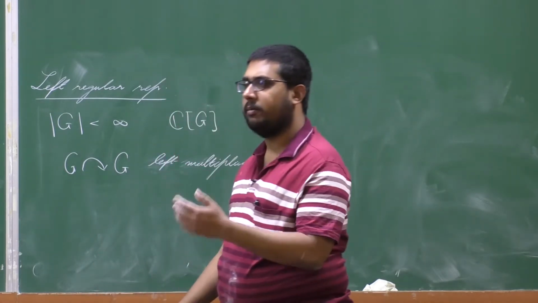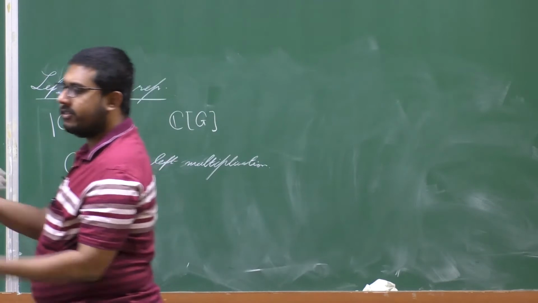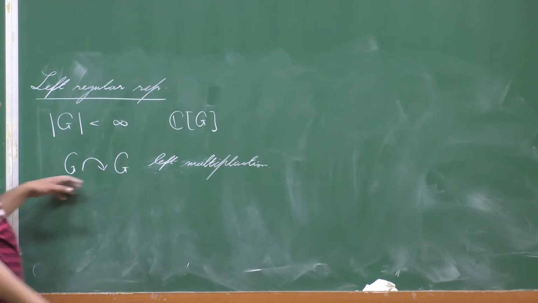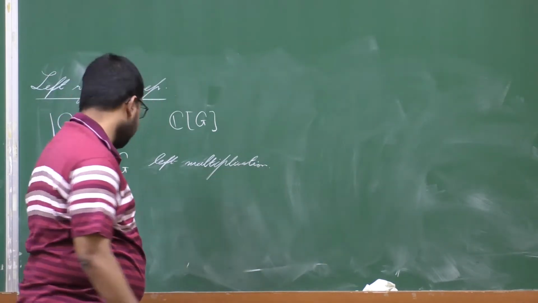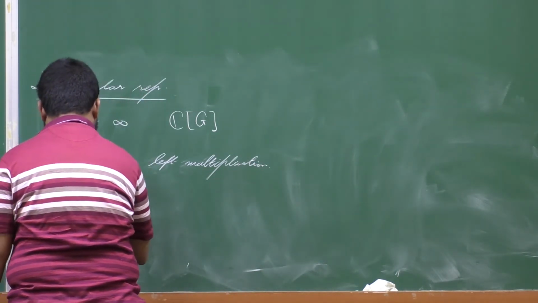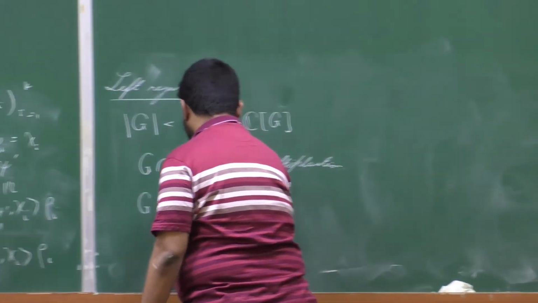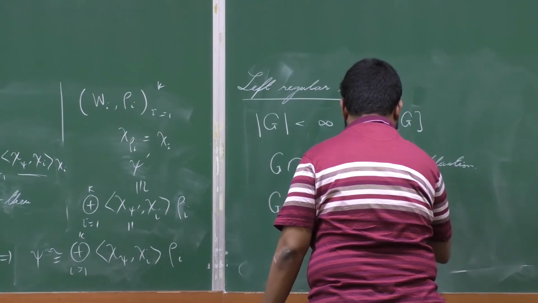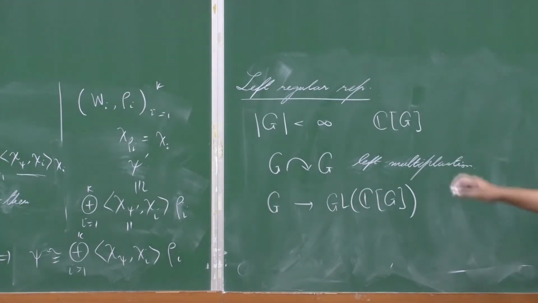So, recall that whenever G acts on a set X, that gives us a representation of G on the function space of X. So, here from this natural action of G on itself, we obtain a representation of G on the function space of G, which we have already seen is nothing but CG.